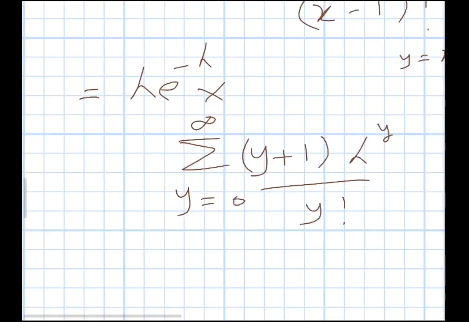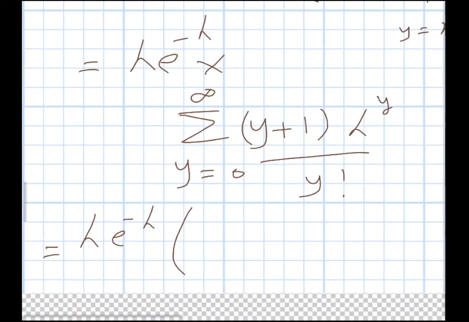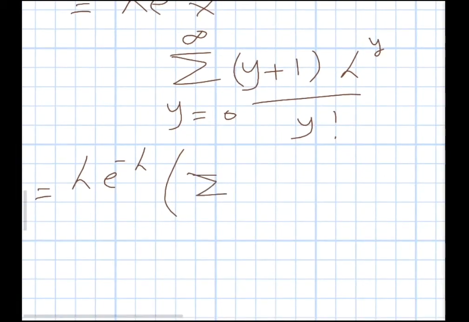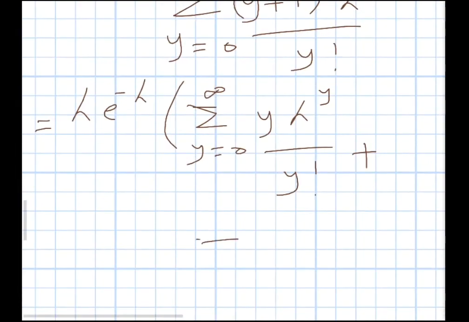Now this we can split into two summations. So one summation is y equals 0 to infinity of y lambda to the y over y factorial, plus the sum from y equals 0 to infinity of lambda to the y over y factorial.